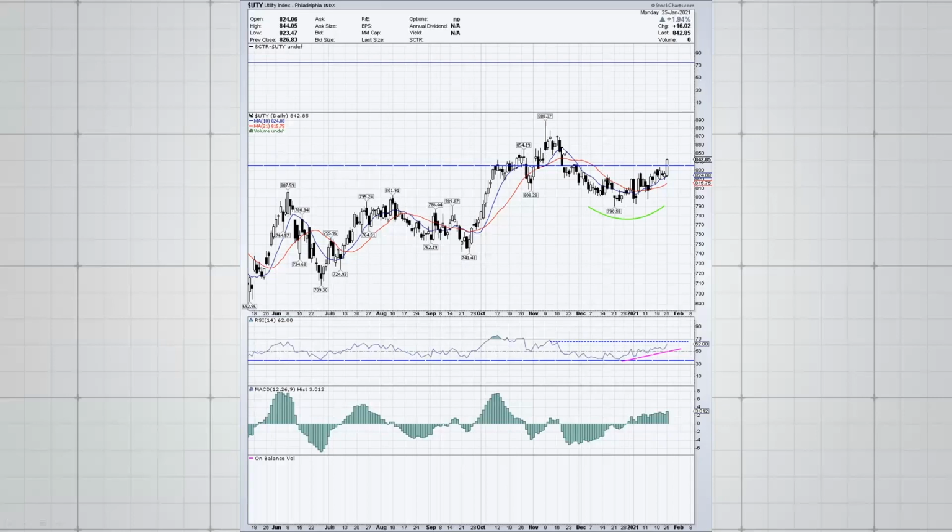So that most likely will be a bit of a resistance area as well for the market to test. But this looks like a positive type of consolidation. The MACD is positive. You can see the MACD was rising here. So maybe after some testing here, we'd expect some more up movement in the utilities.